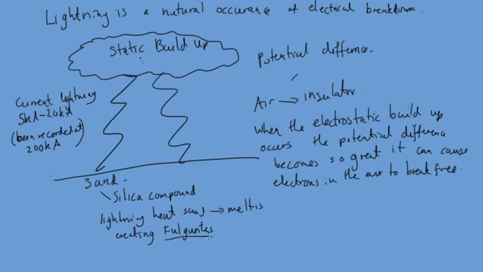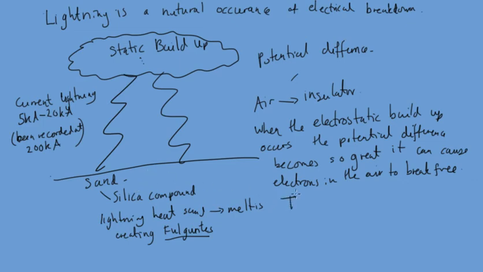Now these are hollow tubes of basically like glass, because sand is what we make glass from. They look a bit like roots of trees, and they basically leave an imprint of the lightning on the sand, and they're really quite cool. You can Google images of them.